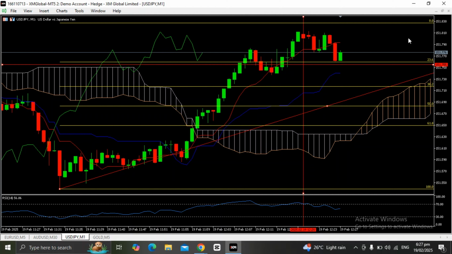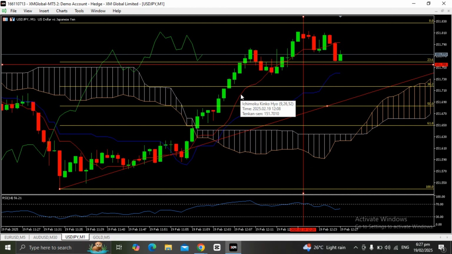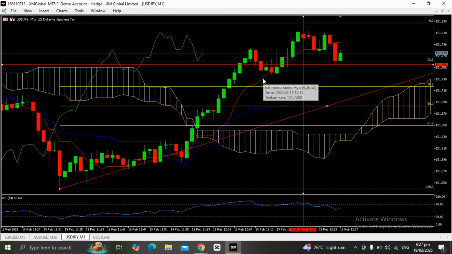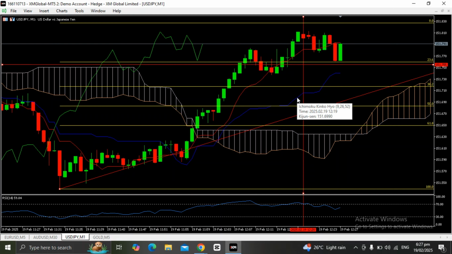it's bullish in nature because price movement is above the cloud. Okay, and this red line is above the blue line. Okay, this is the Tenkan-sen line, and this one is the Kijun-sen line.